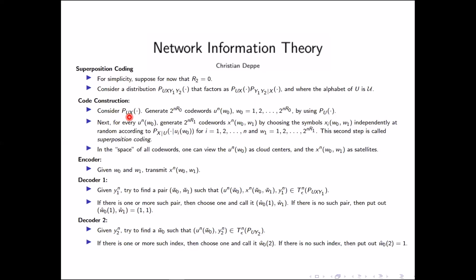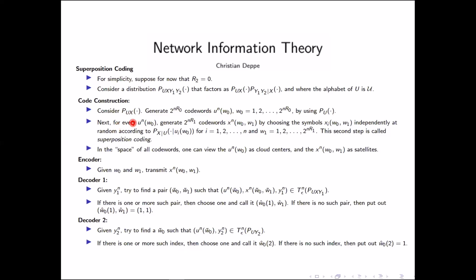For the code construction, we first consider this joint distribution of U and X, and we generate 2^(nR0) codewords u^n(w0). These are the codewords for the common message, and we use there the distribution p_U and make the codebook for that.